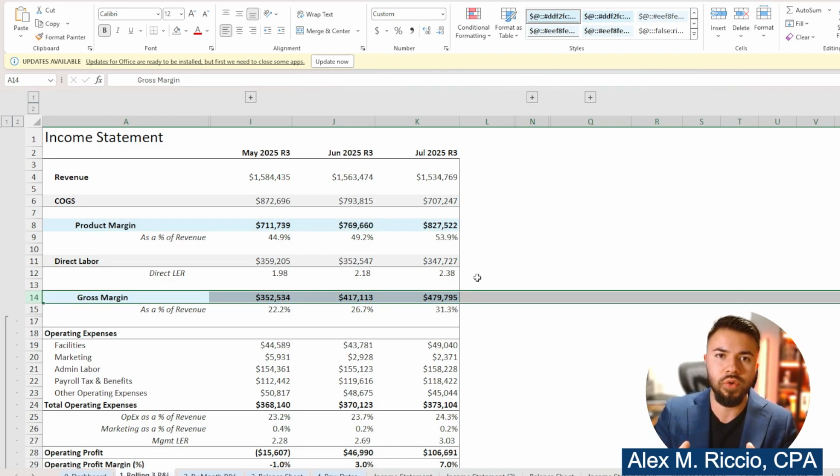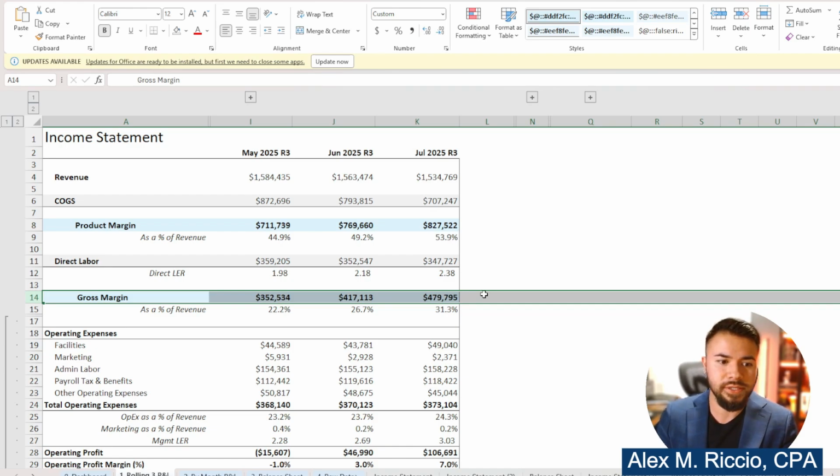This is the core operations of the business after all of the direct cost of goods and the direct labor towards that revenue gets you to that gross margin. When I see a business that's struggling and they're not profitable, 9 times out of 10, it's the gross margin figure right here, the engine of the business that's not properly fueled.